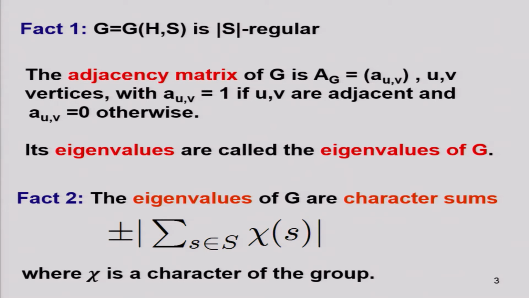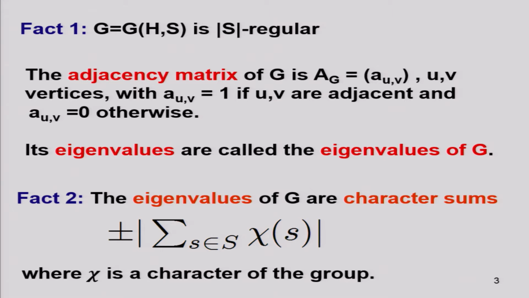Now, another fact that is pretty simple, and to stress it, I use the microphone, as you see, is that the eigenvalues of G, in this case, you can express them by character sums. Namely, for every character chi of the group, you can take the sum over all the elements of this set S of chi(s).